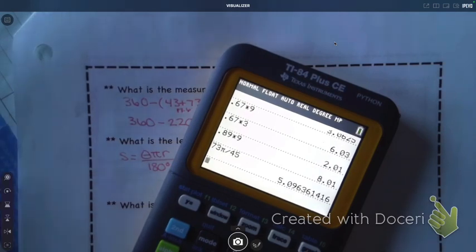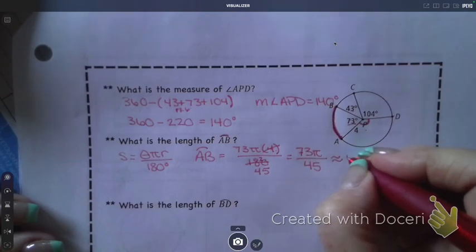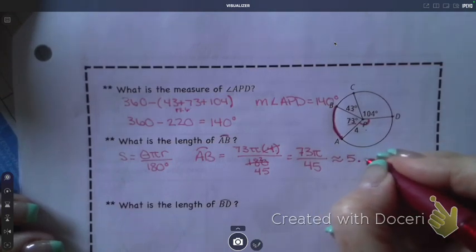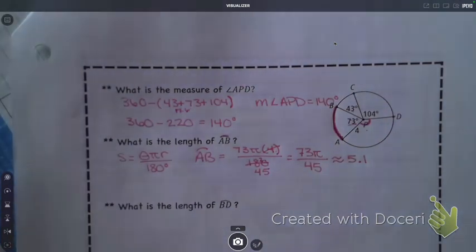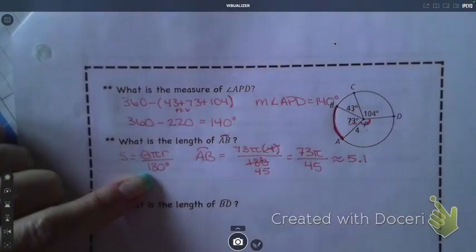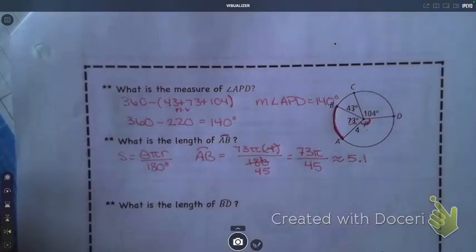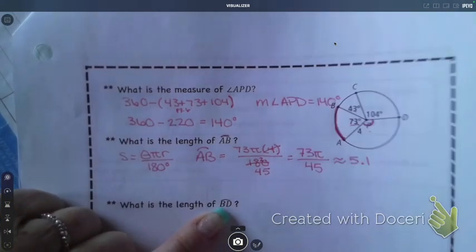So approximately 5.1. And if there were units on the figure, would I put the units on there? Yes, that's a measurement. That's inches, centimeters, something. Okay? So using that formula is pretty straightforward, isn't it? You just use it. Okay, so what is the arc length of BD? I want you to try that on your own.